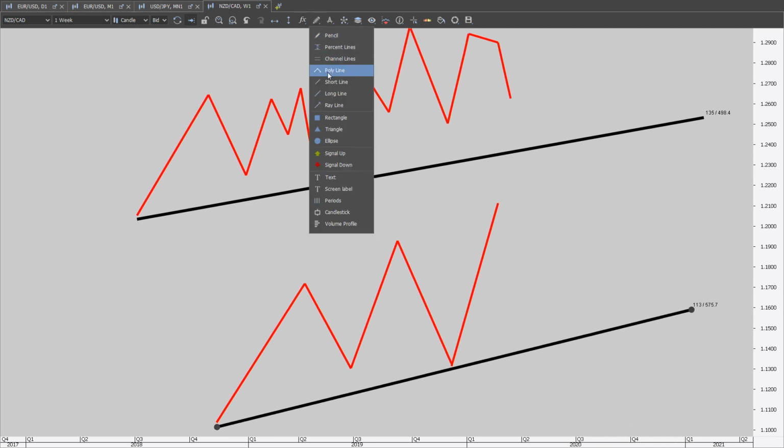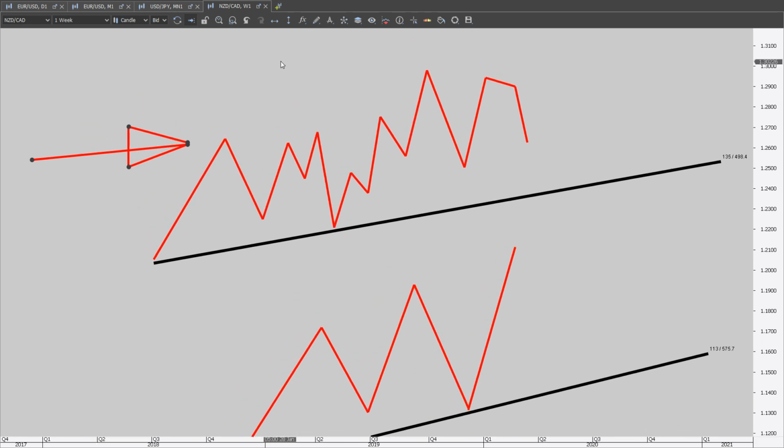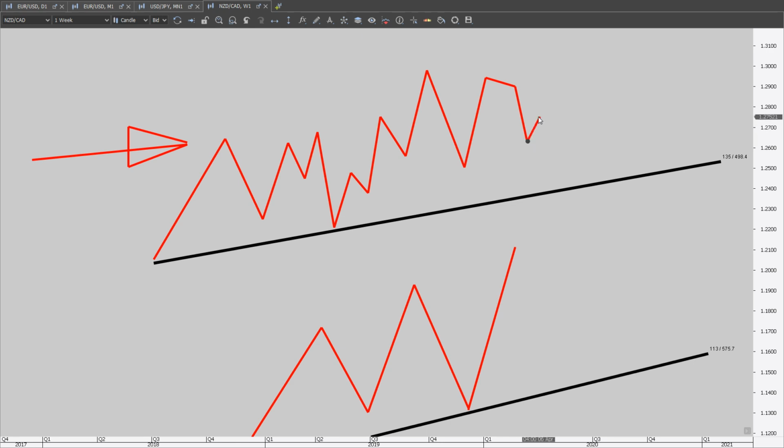But bear in mind that this example is different from this example. On the upper example you don't need to wait. I mean, the market is going to make another lower low in here, so you don't need to see another higher high in order to move this one.